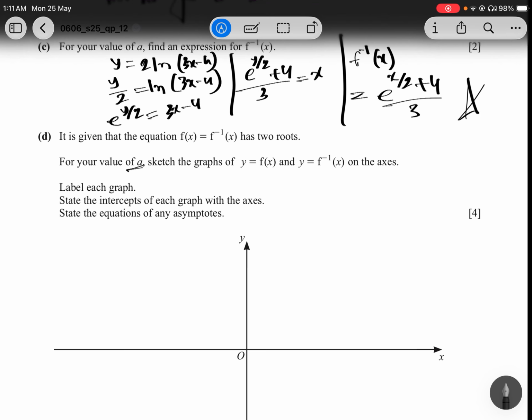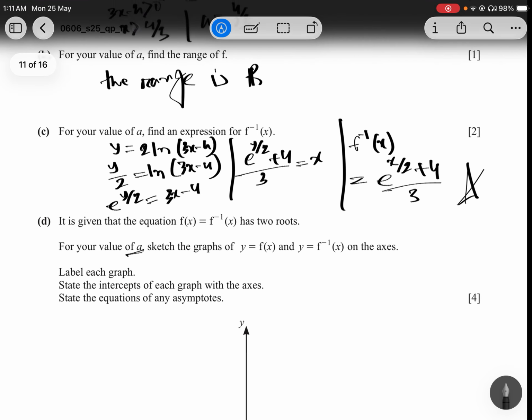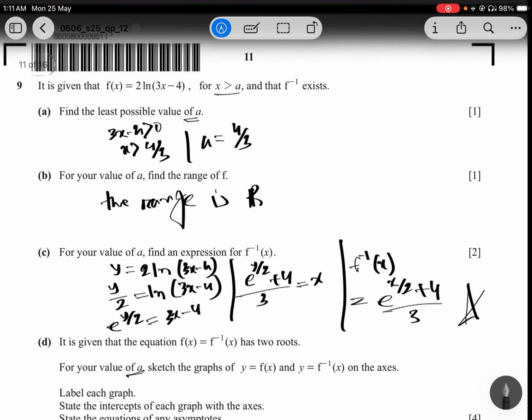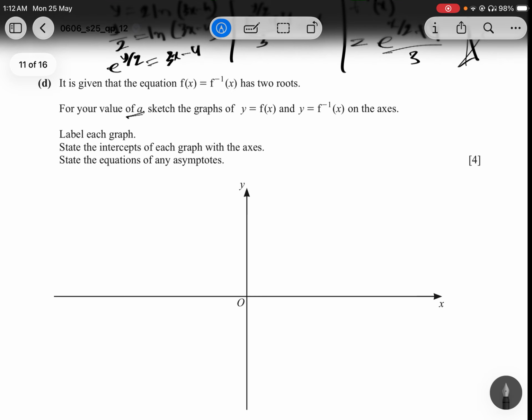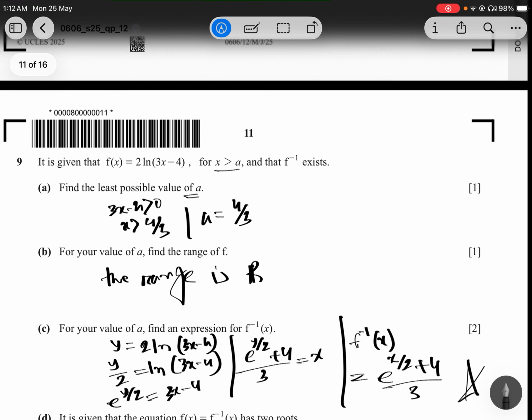I have to check the asymptote first. f of x is a ln function, right? And the asymptote is, sorry, 4 by 3.